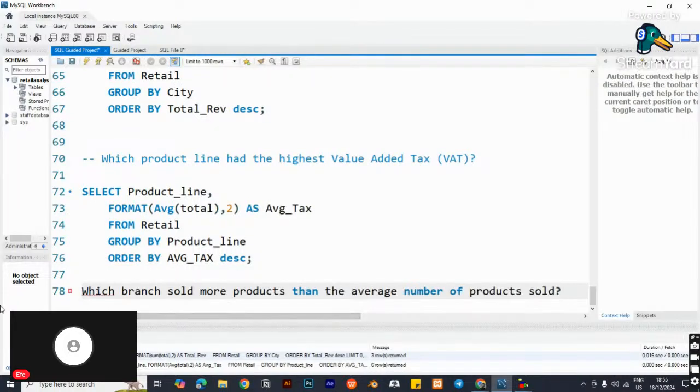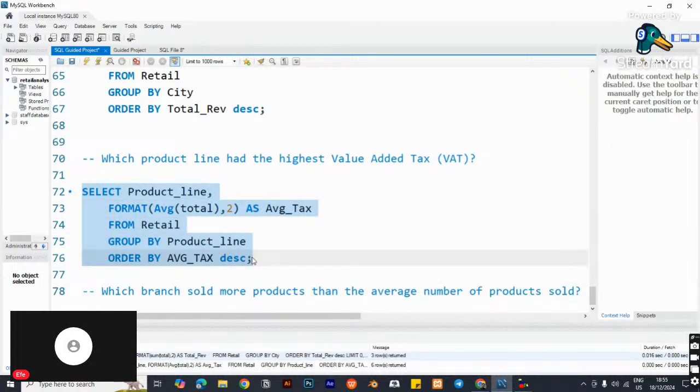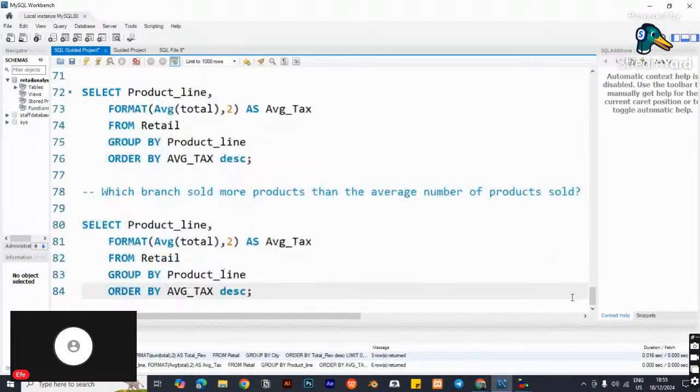Okay, so we select this. Control C. Enter. So we say select brand. Which brand? So you see how we are analyzing it.